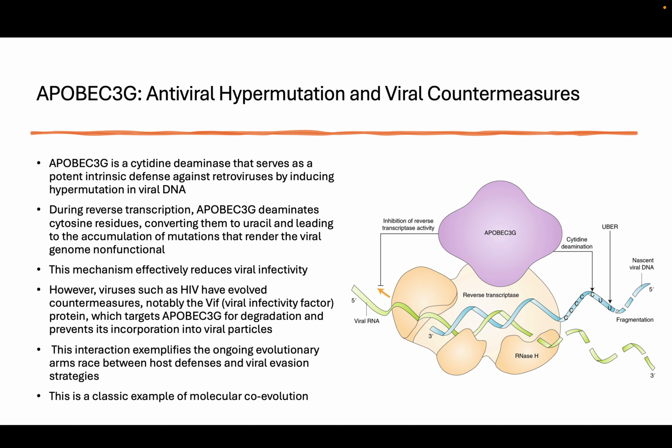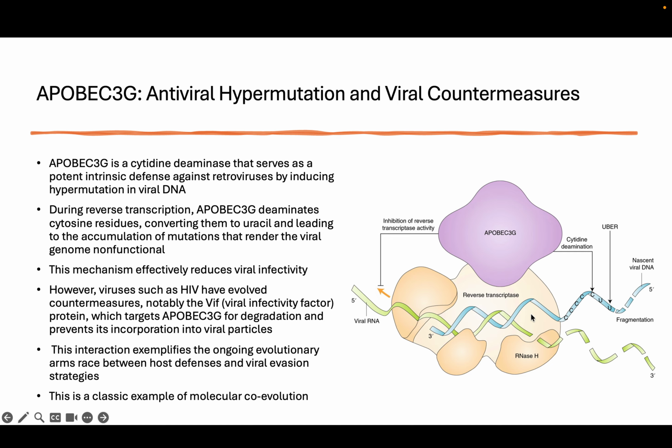It converts cytosine into uracil, and it puts in a lot of mutations. So now this viral genome is non-functional, because so many mutations stop a lot of proteins from being expressed. This is what APOBEC3G does.